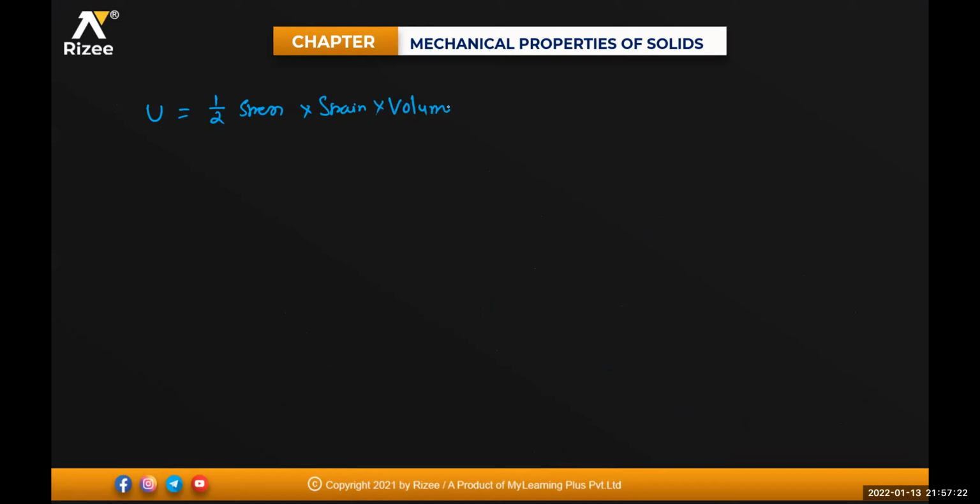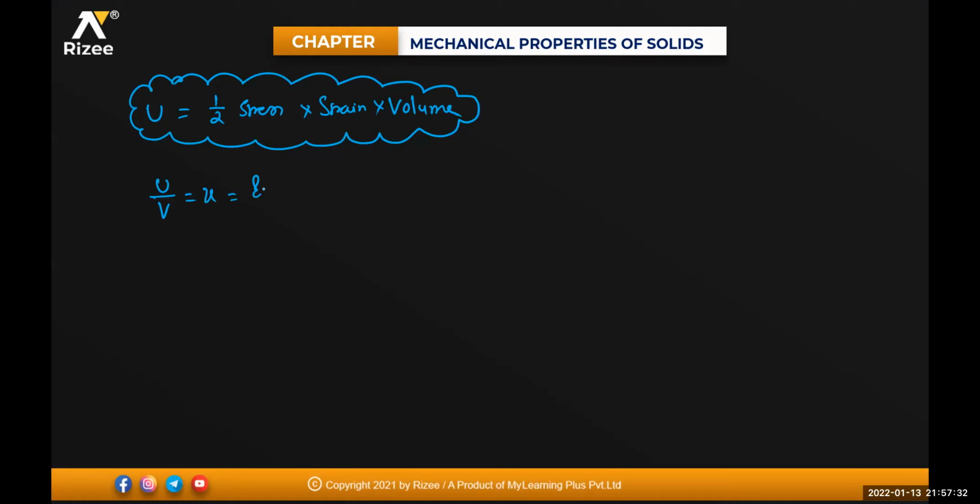This is also one of the very important formulas in elasticity, where problems are directly framed. Energy divided by volume is known as energy density, small u. So energy density is equal to half into stress into strain. So this is your energy density formula.